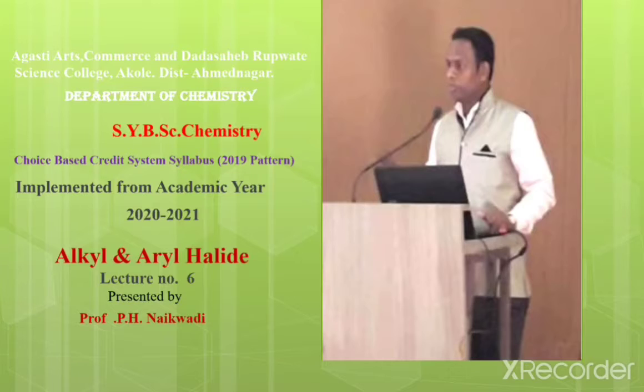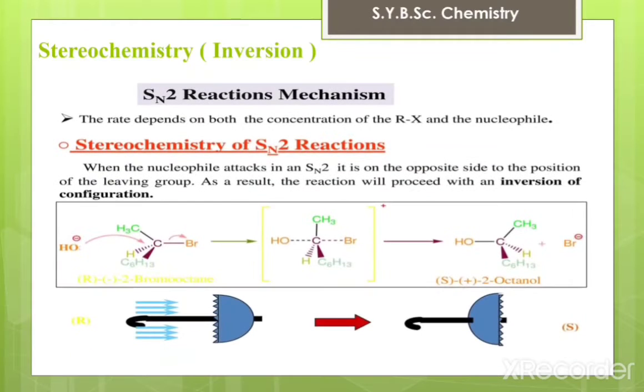Today we will start the remaining part of alkyl halide, that is stereochemistry, or we call it inversion. The rate depends on the concentration of the alkyl halide and the nucleophile. When we consider the stereochemistry of the SN2 reaction, the nucleophile attacks on the side opposite to the position of the leaving group.